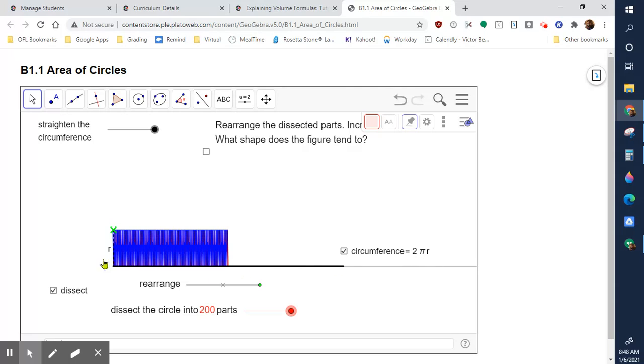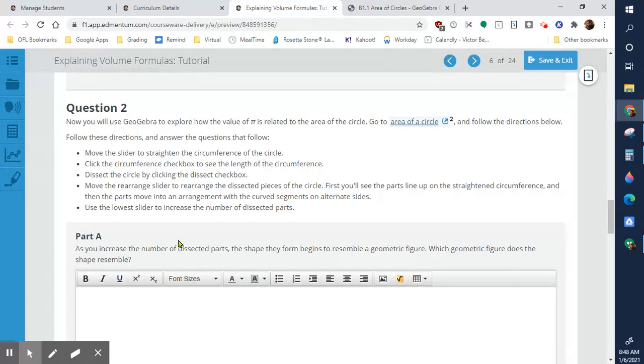So pi r, remember, is our circumference. 2 pi r is our circumference, but we want half of 2 pi r, which is just pi r. It's not taking up this whole thing, it's only taking up half of the circumference. So you end up getting r times pi r, which ends up being pi r squared. So that's how we derive the formula.